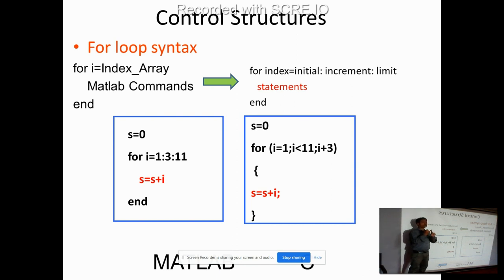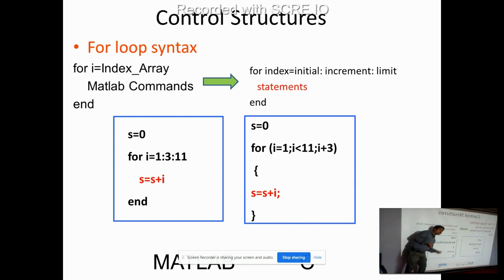For I equal to 1, it will enter, because the condition is true. 1 is less than 11, true. Then it executes whatever is written. Then I will be incremented. What is the next I value? 4. 4 is also less than 11, that is true.